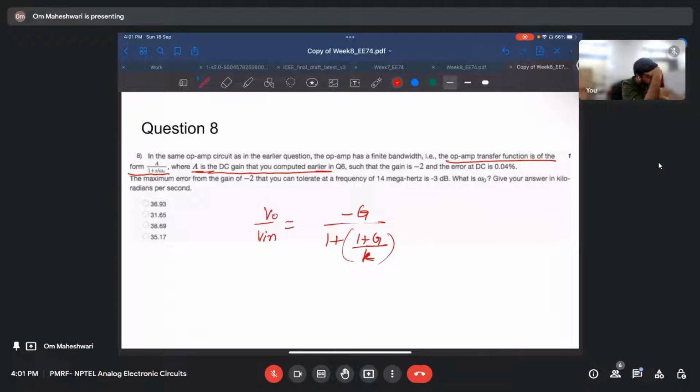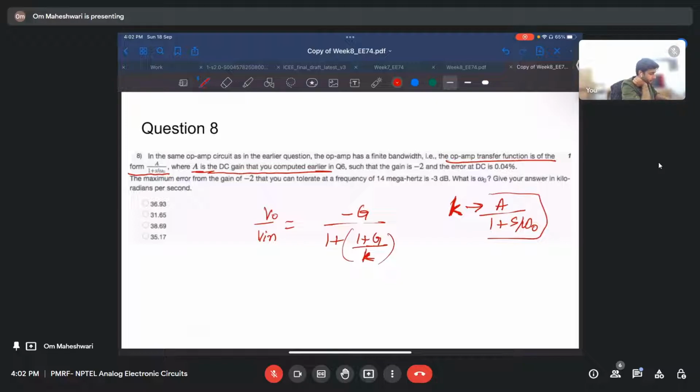This K is replaced by this. So they're saying now K is A upon 1 plus S by omega naught. So this was the internal open-loop DC gain of the op-amp, and now they're saying if we take that whole transfer function, it is represented like this.